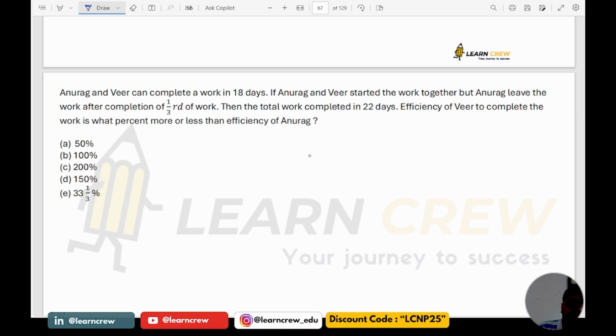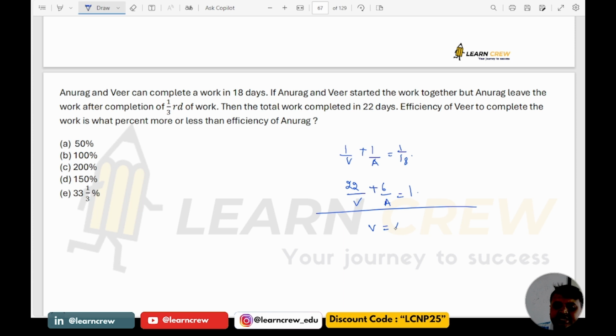So here the work done by Veer in 1 day is B, the work done by Anurag in 1 day is A, and A plus B is 1/18. In 22 days he is working, 22 by B, and after 6 days Anurag is leaving, 6/A. The total work is completed. If you simplify this, how much you are going to get?